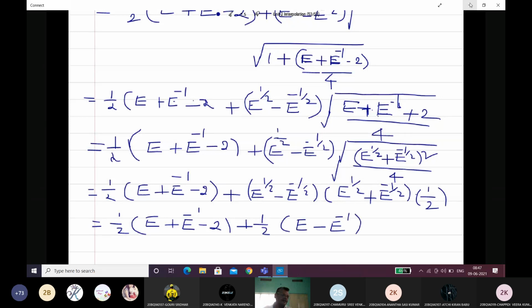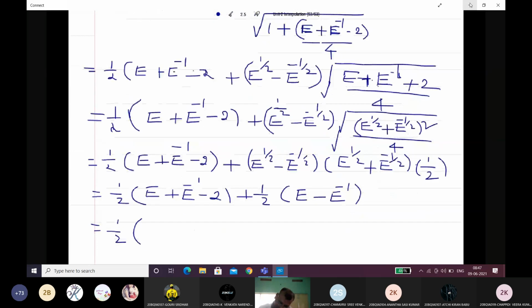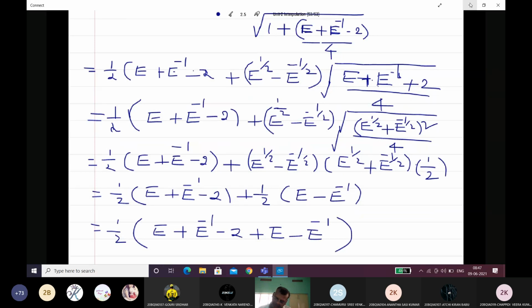Now take 1 by 2 as common throughout the equation. 1 by 2 of e plus e inverse minus 2 plus e minus e inverse. Here e inverse gets cancelled.